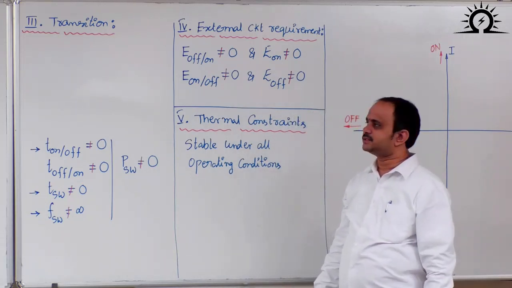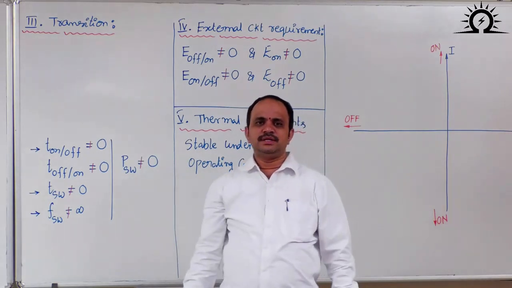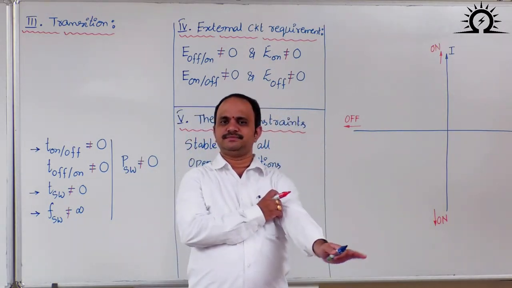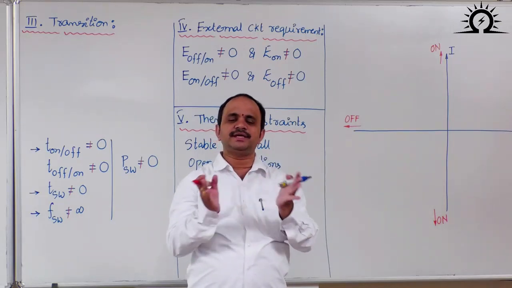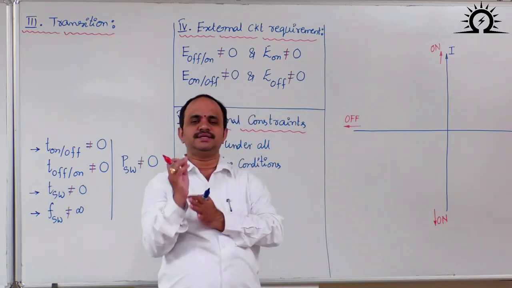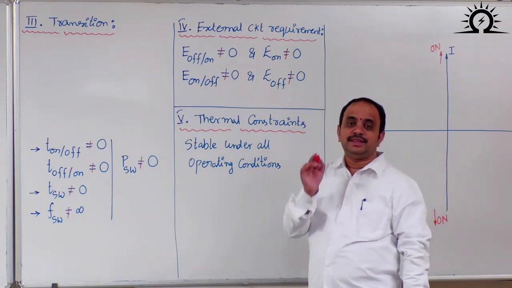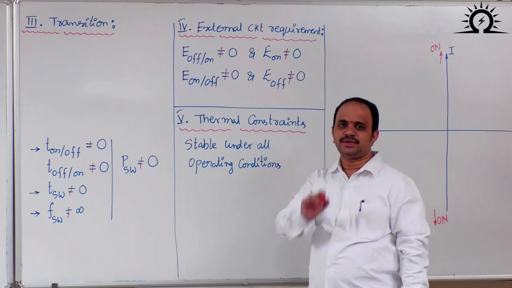These are the terminologies. Now after turning on, the devices are in the conduction state, right? When we want to turn them off, there is an external mechanism in order to turn them off.